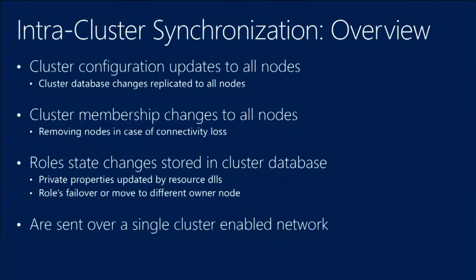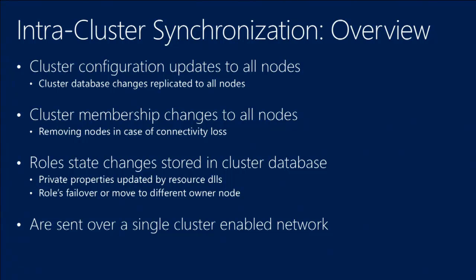So in the next bucket, which is the replication of information or intra-cluster synchronization, the cluster underneath really has a cluster database. This database is replicated to all nodes. If you look deeper, it's actually a registry hive built on top of the local node's registry, and the cluster has a lightweight replication mechanism on top. But it's a distributed synchronous system, so all state goes to all nodes, and all nodes have to acknowledge and update.